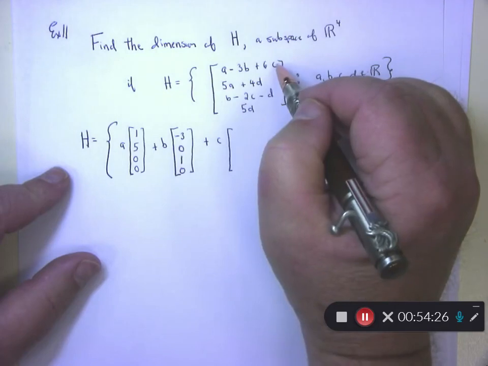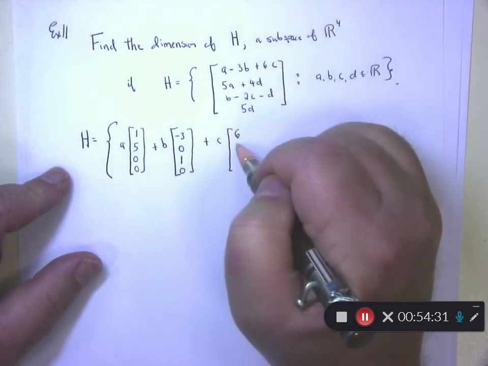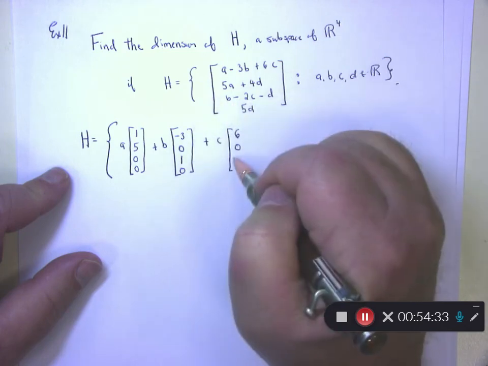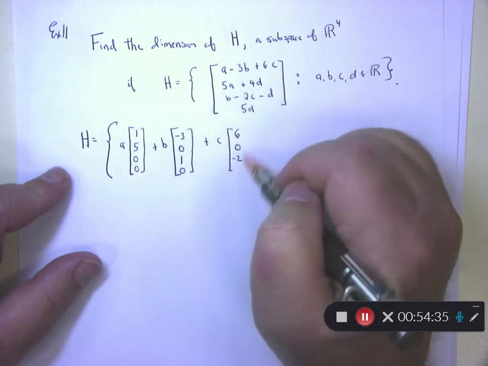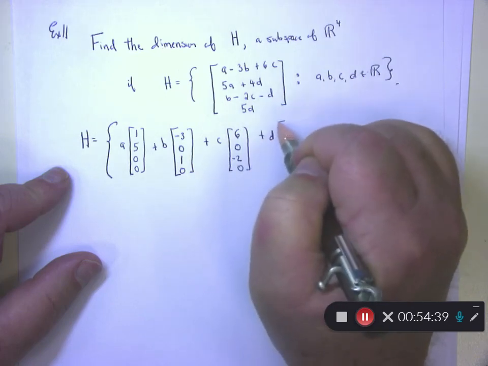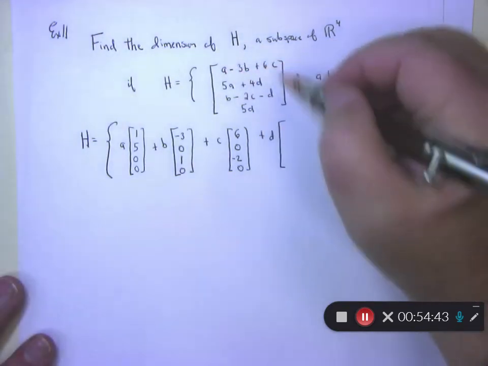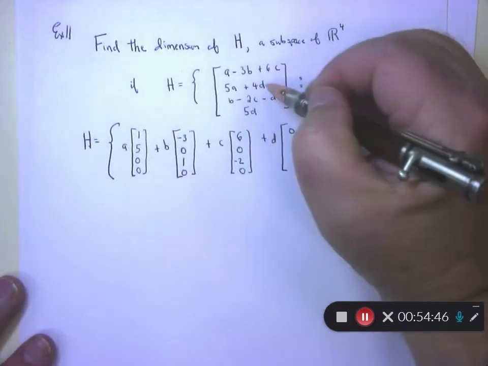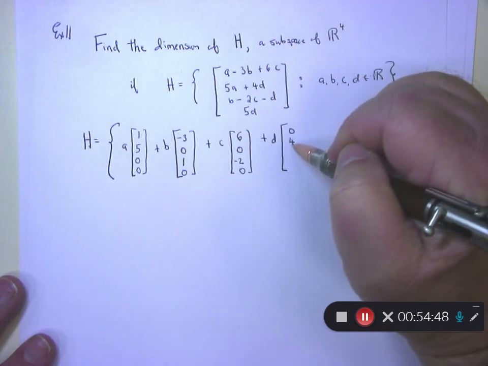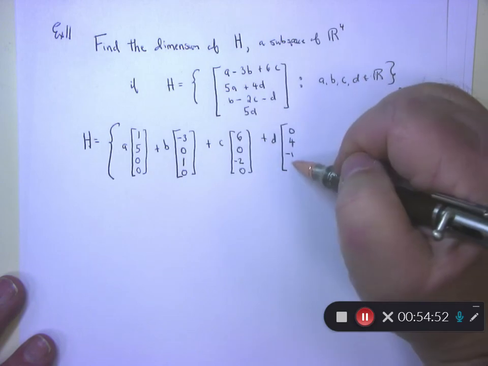For the top component, we have a coefficient in front of the c of 6. For the second one, we don't have a c. For the third one, we have a -2c. And for the last one, there are no c's. Plus d. For the first component, there is no d. For the second component, there is a 4d, so the coefficient is 4. The third component is a -1, and for the last component, there is a 5.